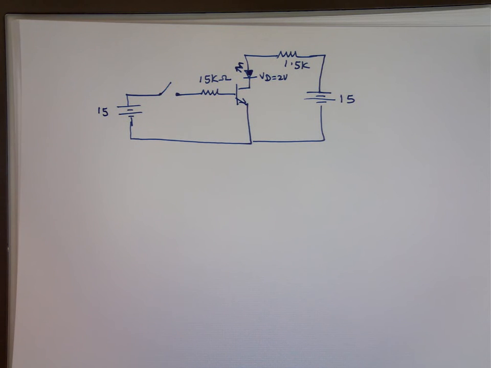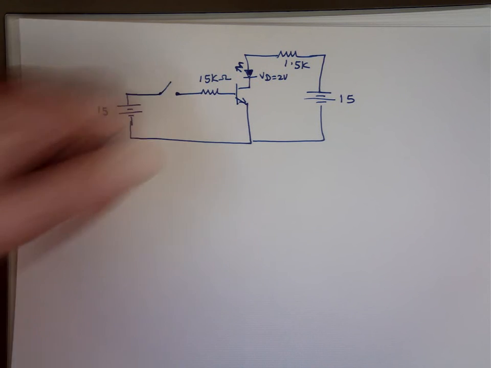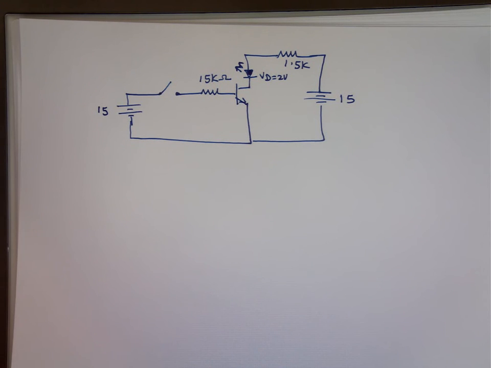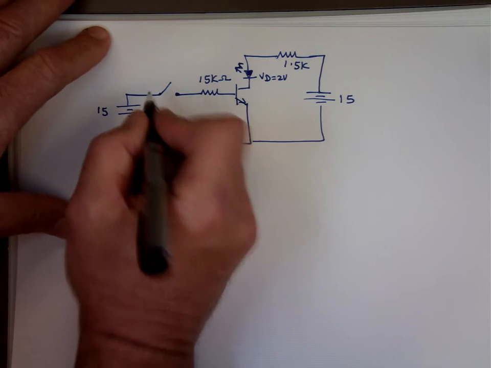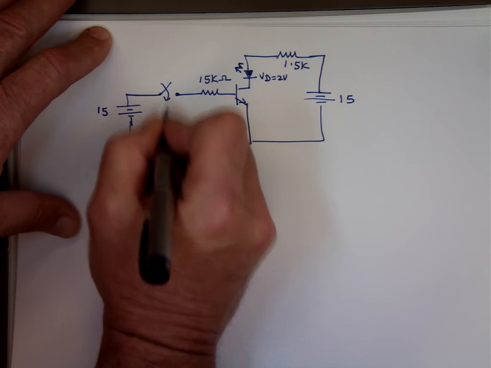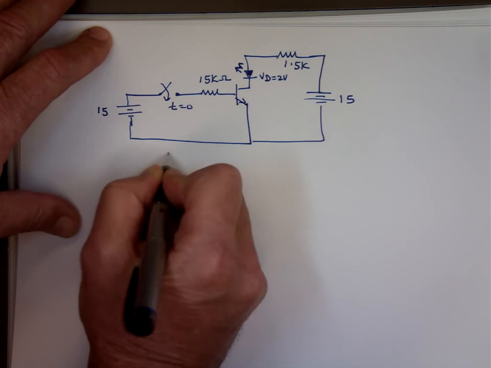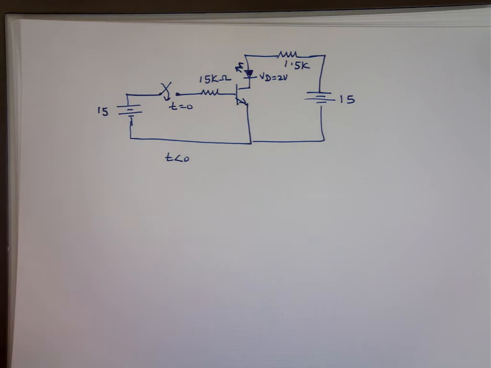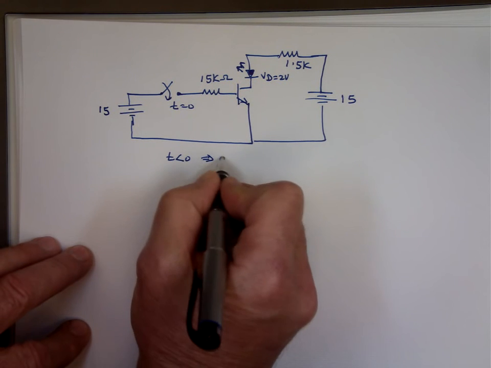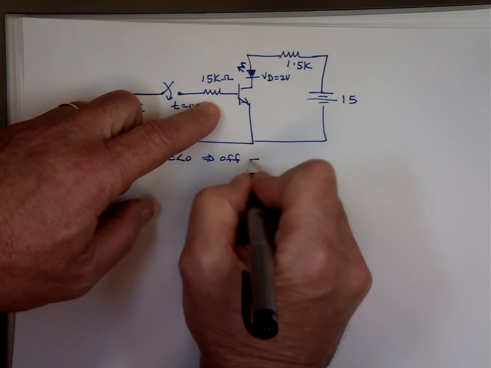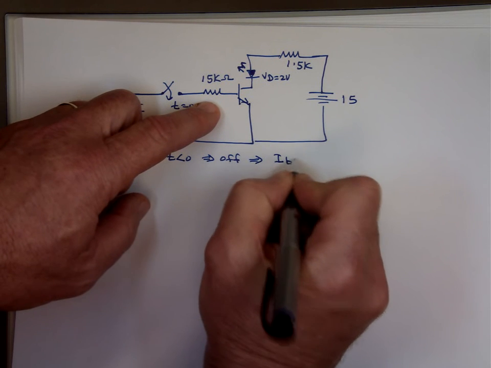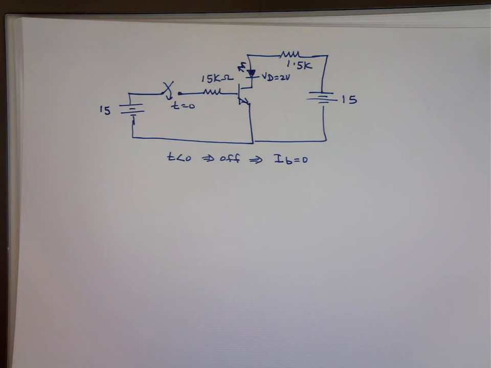So let's analyze this. When the switch is open, there's nothing going through this. So this is really off. So let's say close at t equals 0 here. For t less than 0, the switch is off. That means I sub B is 0. The transistor is off. I sub C is 0.